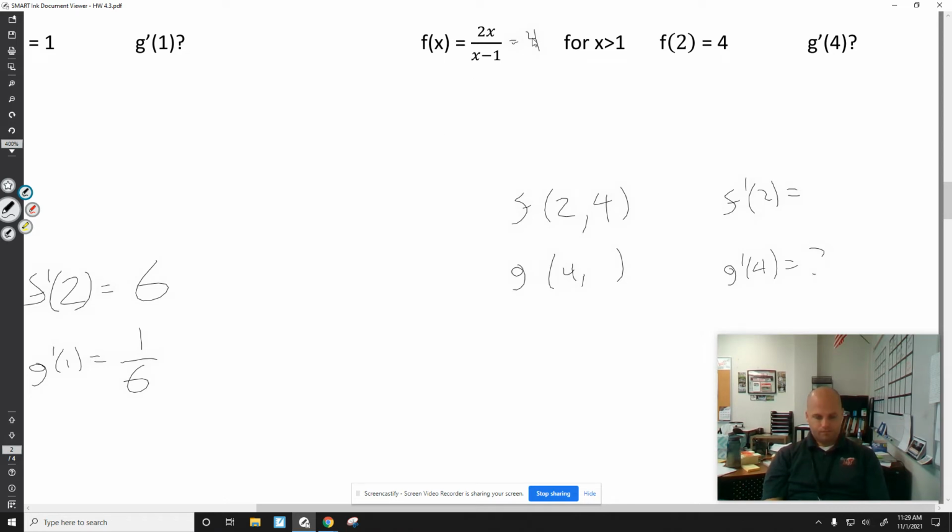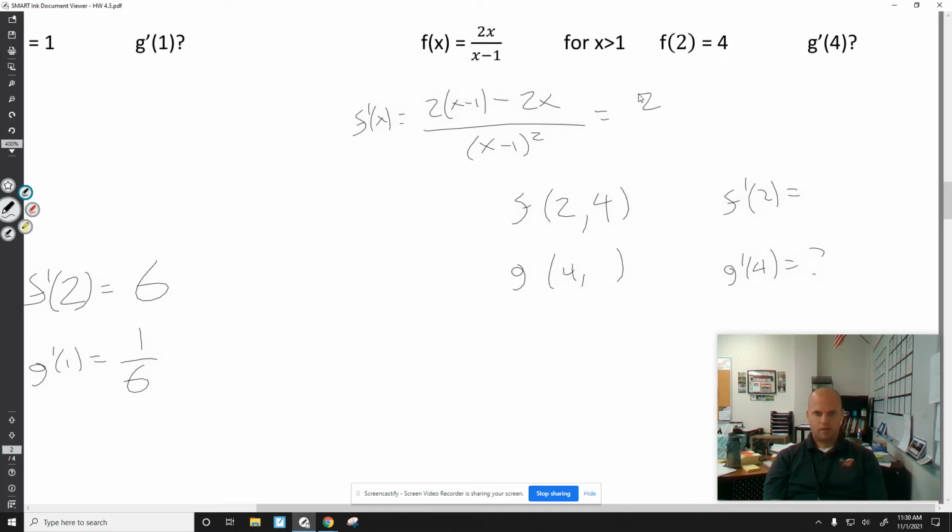Quotient rule. Derivative of the top. This is f prime. Derivative of the top times the bottom, minus the derivative of the bottom times the top. Derivative of the bottom is just 1 times the top. 1 times 2x, all over the bottom squared.